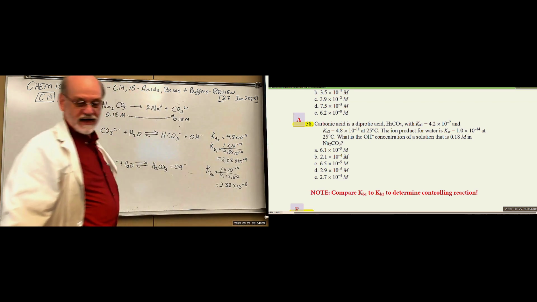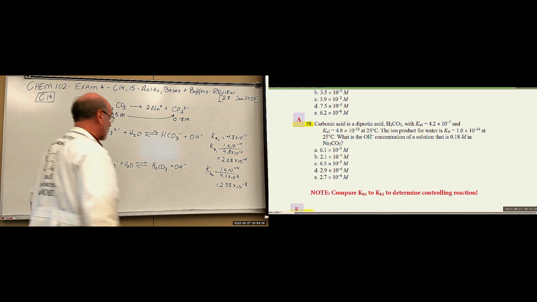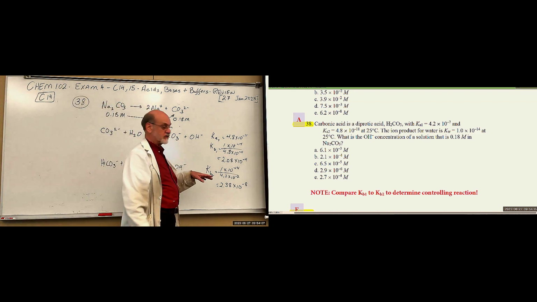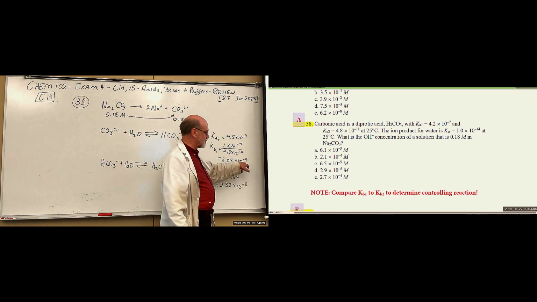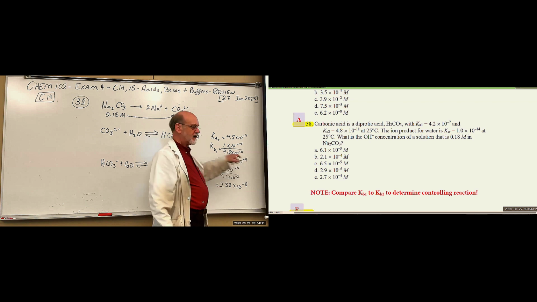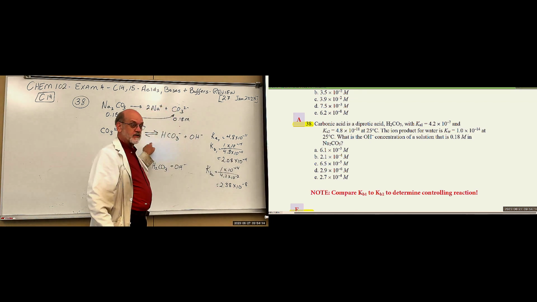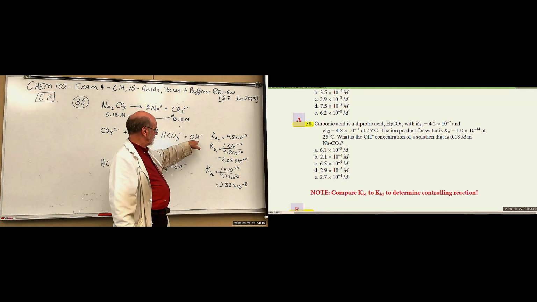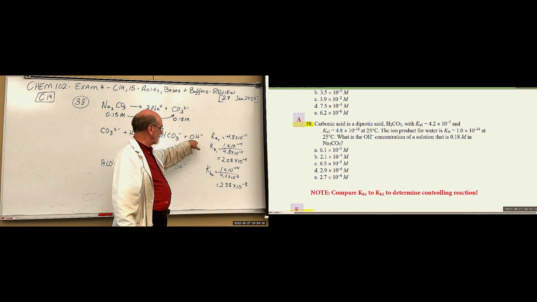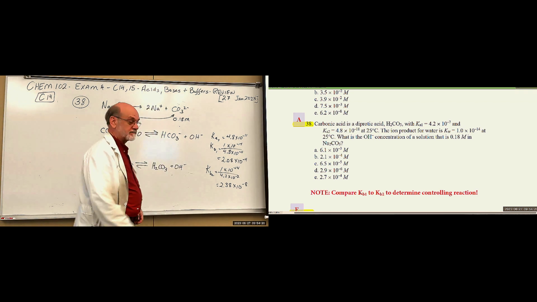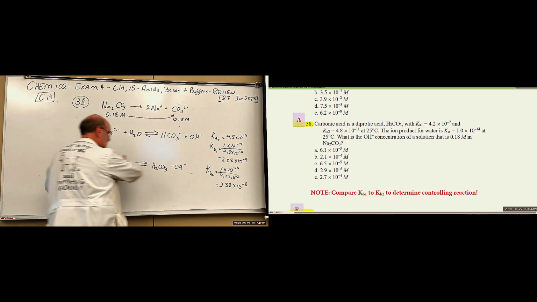Right? Is that going to have a significant impact on the hydroxyl concentration in this solution? Minus 8 versus minus 4. No. This is the controlling reaction. This is the one that produces the measurable hydroxide concentration. So we don't even have to consider this one.